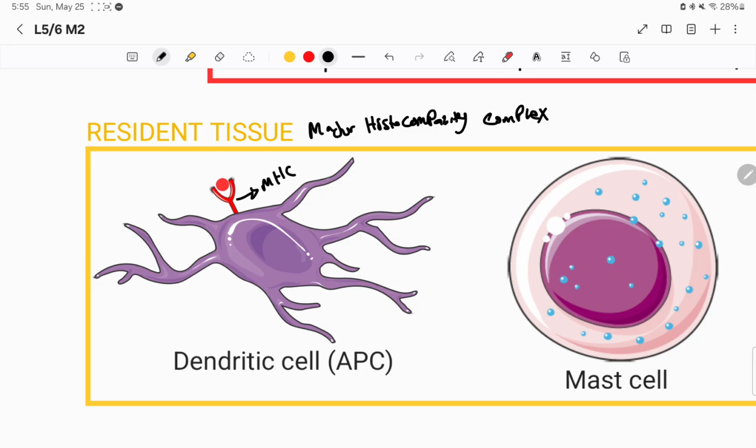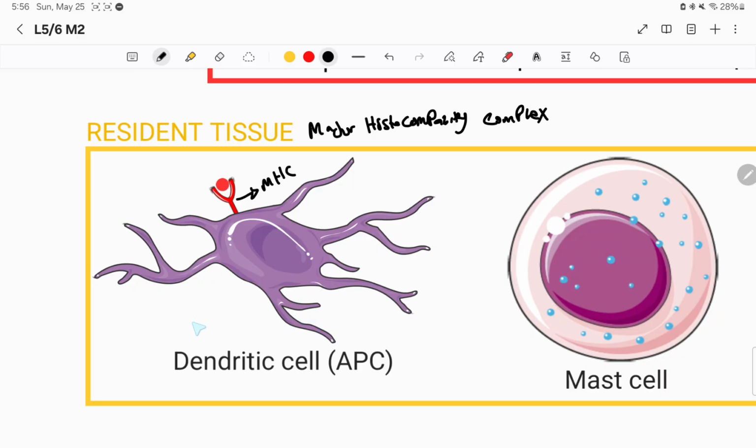Okay, now is where I answer how this guy found it and why he's doing this. The dendritic cell's job as a resident tissue cell is to sit inside of that tissue, and because it is very star-shaped and has large extensions of its plasma membrane, it does something called macropinocytosis, which we talked about in our plasma membrane video.